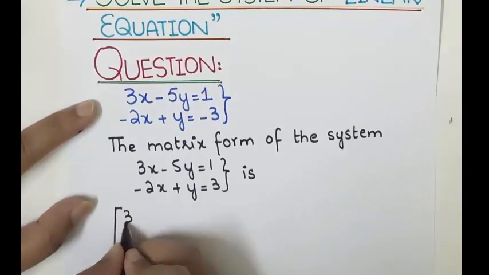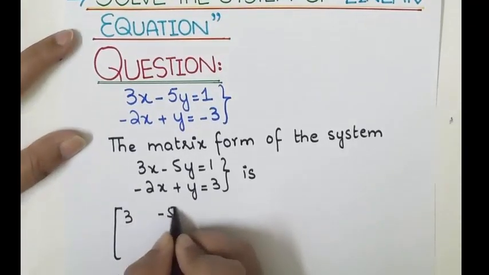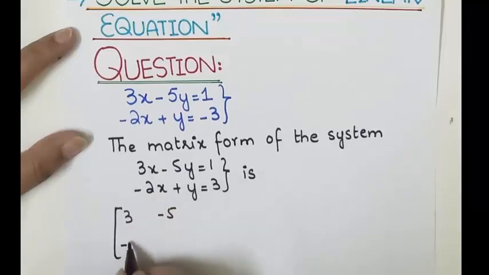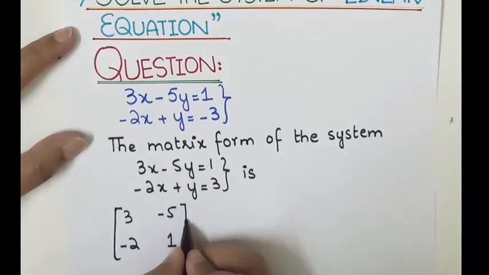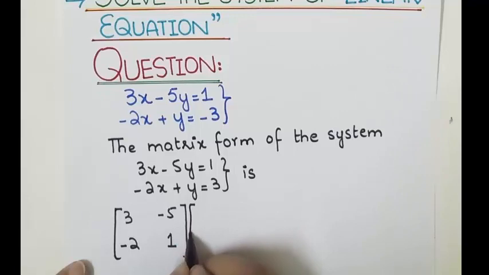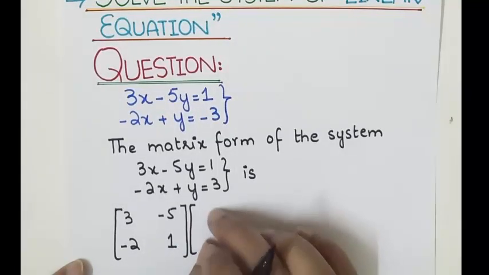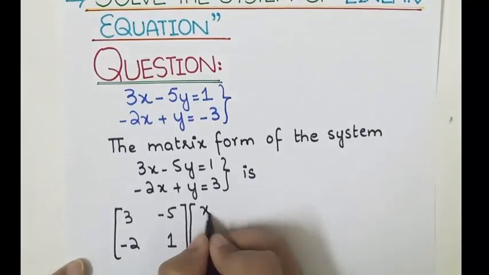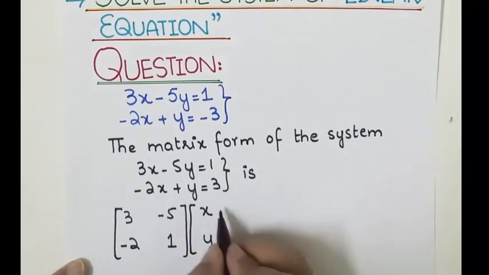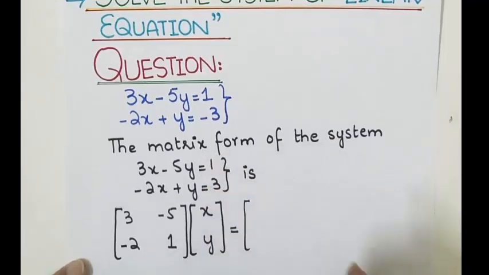Here we will write 3, then we will write -5, this one -2 and this one 1. Okay, so this is how we write it in the form of a matrix. Now here we will write the variables x and y, and now we will write these two terms in a separate matrix form.